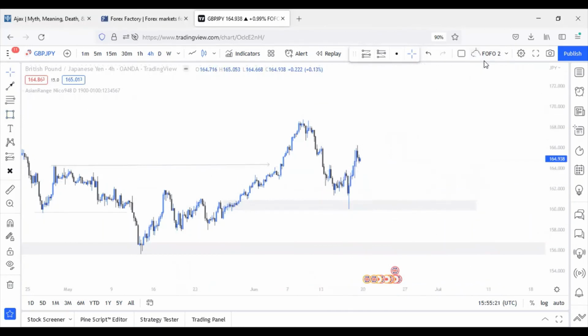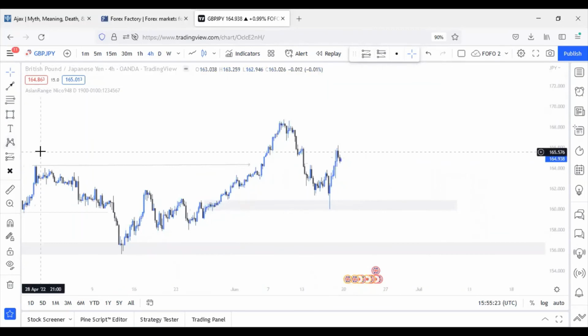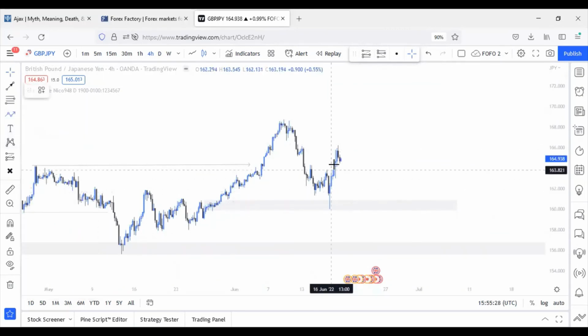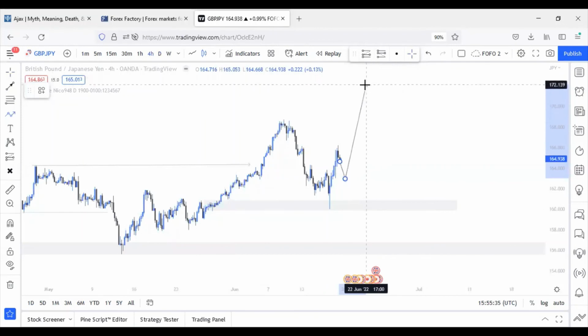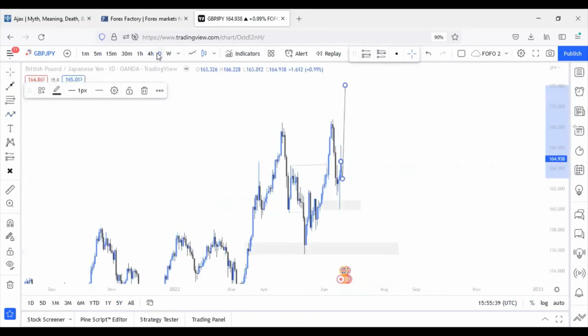So I'm really bullish on the GBPJPY. What we could potentially be looking at is just a retest, maybe into this breaker block right here, and then we could see price buy and target creating new highs, right? So that's essentially all for the GBPJPY.